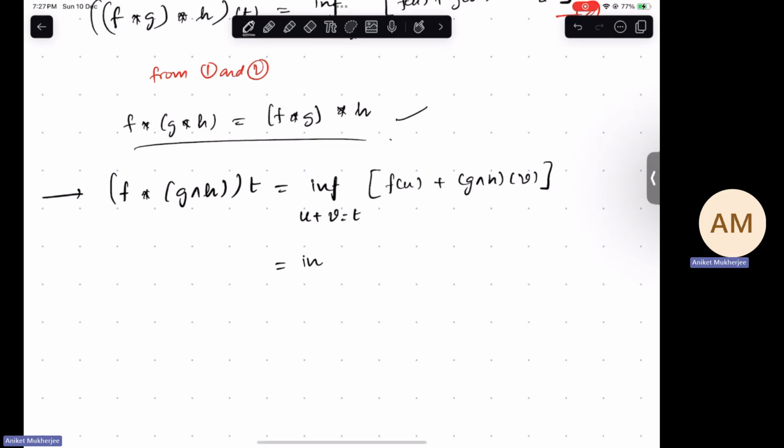So we can write this as the infimum over u plus v equal to t of f of u plus g of v, minimum of f of u plus h of v.